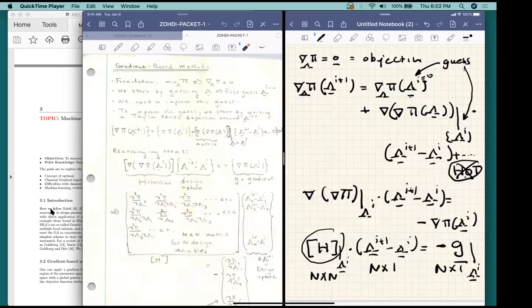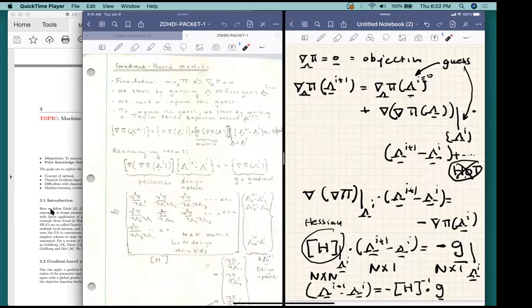So to invert it, I get lambda i plus 1 minus lambda i equals minus the inverse of this H matrix, the so-called Hessian, multiplied times the gradient vector.